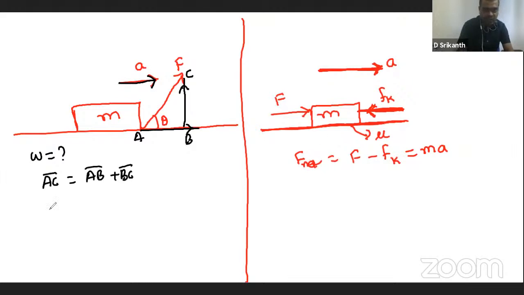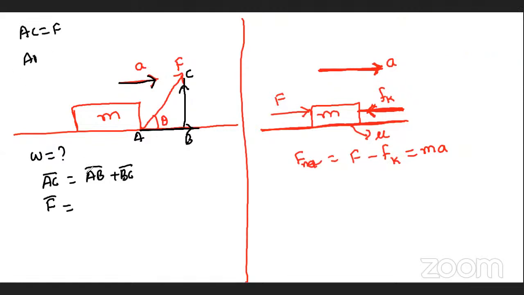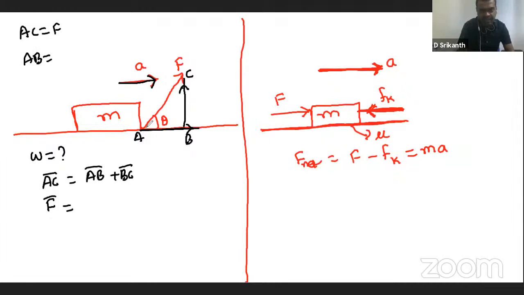We know that AC is equal to F. If AC is equal to F, what will be the value of AB? F cos theta. It is moving towards right, that is parallel to the positive x-axis, so I can write it as F cos theta i cap.